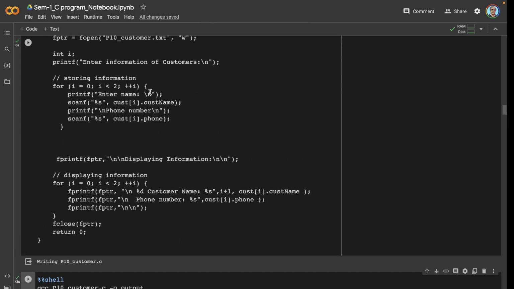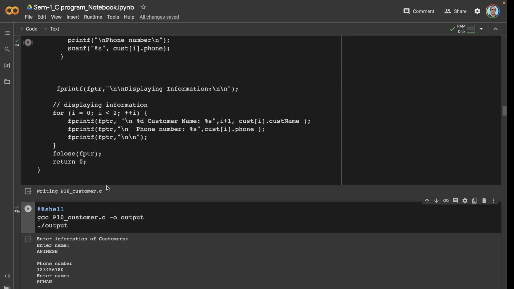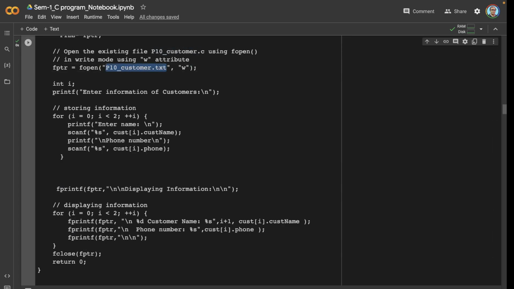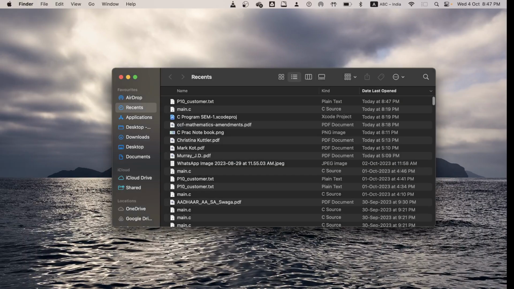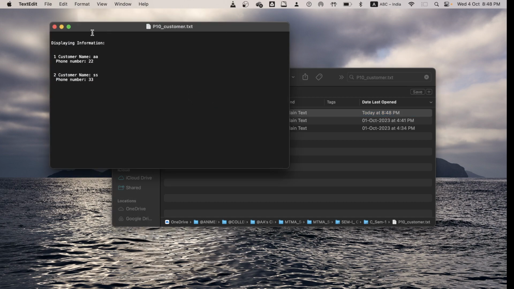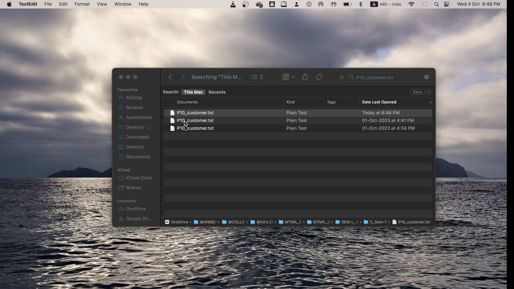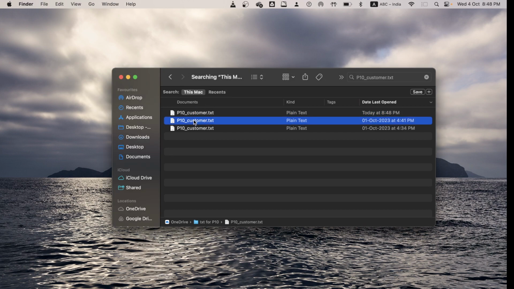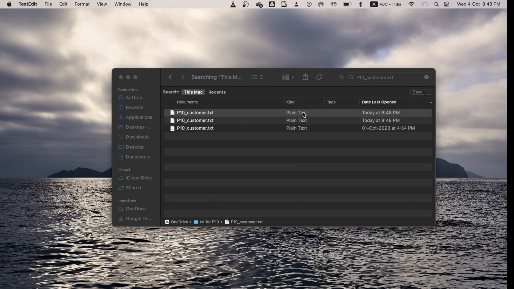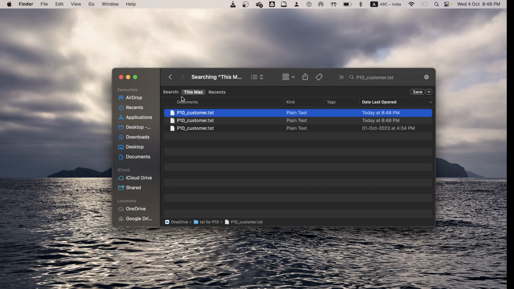The file is customer care.txt. No, it is created but I cannot find this file.